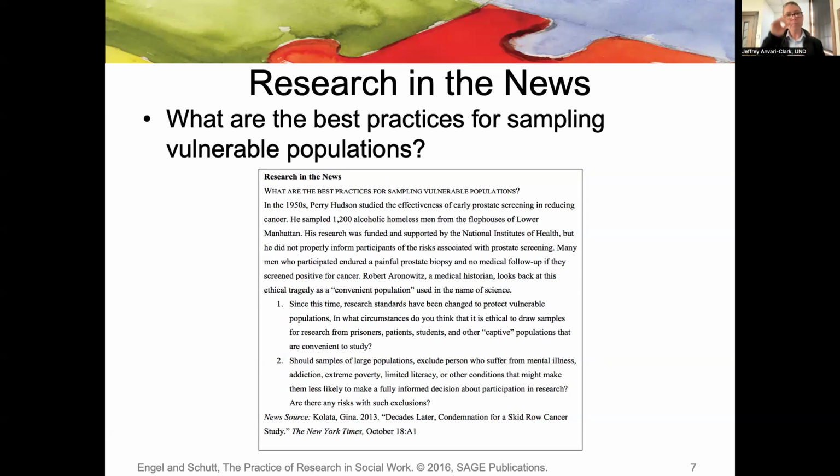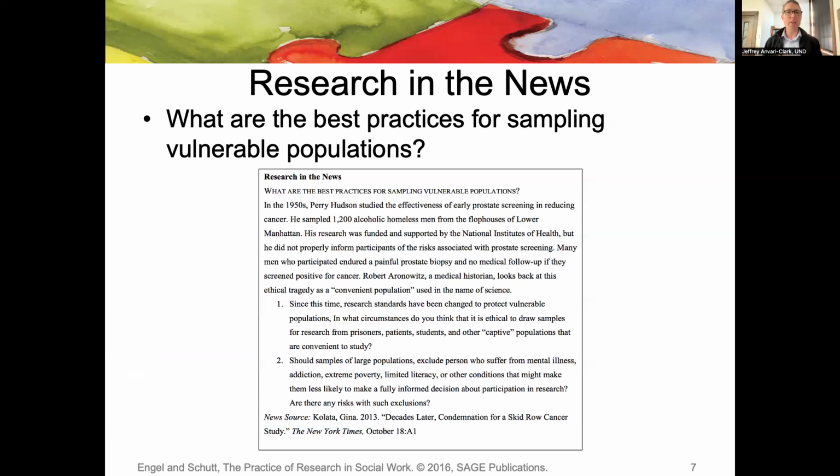In your workbook, you've got a vignette of Perry Hudson, who sampled prostate cancer tissue from homeless men who had alcohol use disorder. Basically, they were very vulnerable. They didn't have any protections. And as a result, you can actually say that these folks were abused.